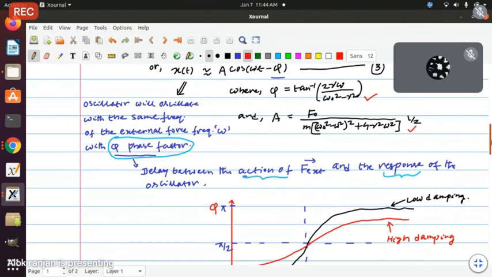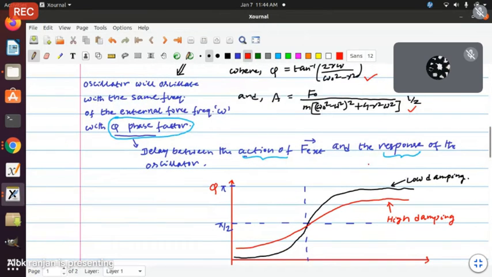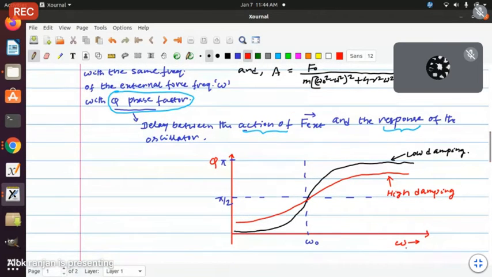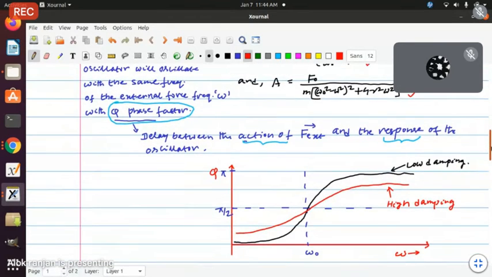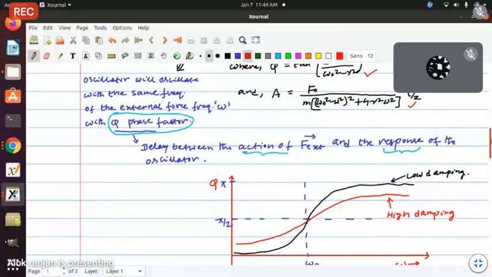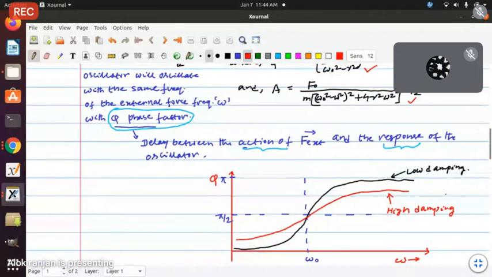And if you plot it, let's try to plot it. So the phase phi with respect to the frequency omega. So now you can have omega, the external applied force frequency, and phi is the phase. So let's see what will happen.